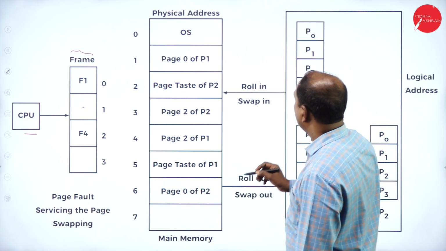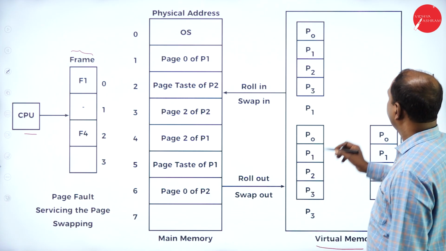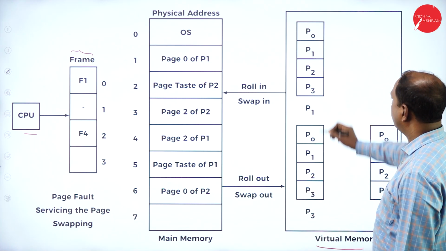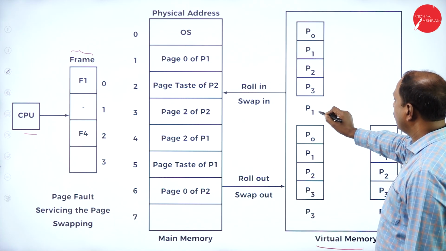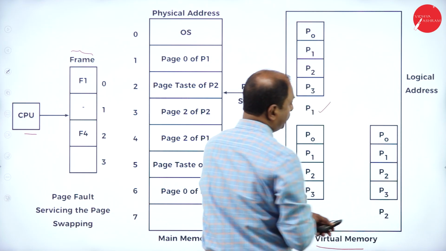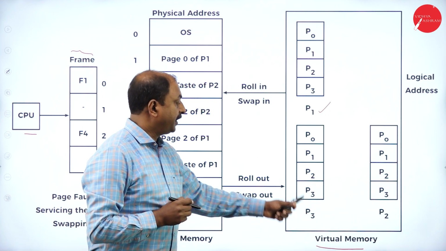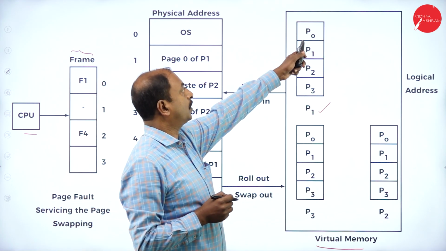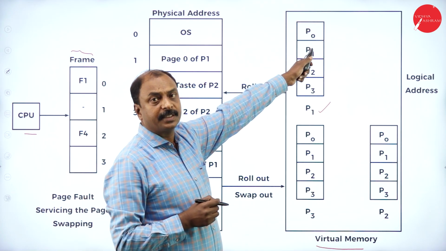In this example, this is called virtual memory, and the data will be like this. This is, for example, P1, one process, P2 is the second process, and P3 is the third process. Each process will be divided into a number of pages.